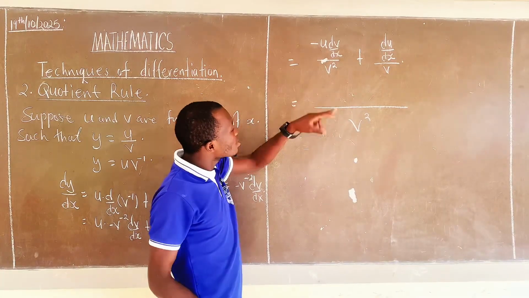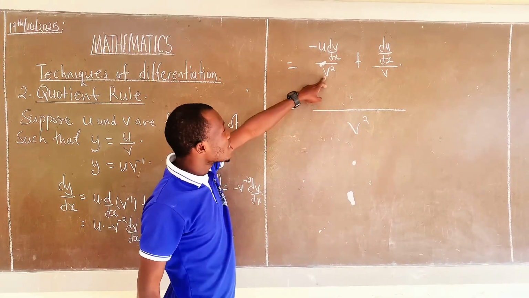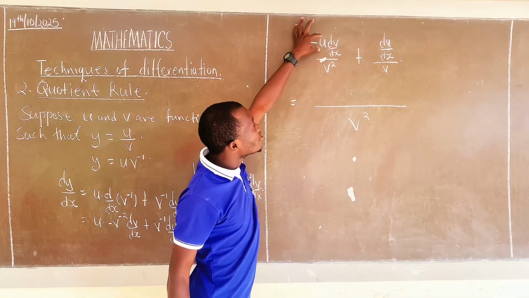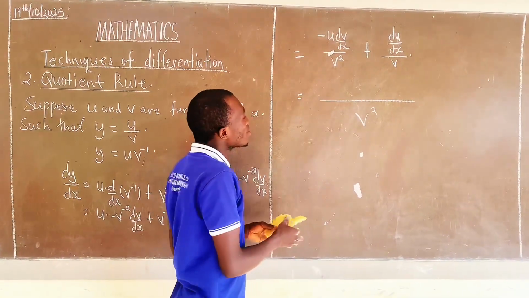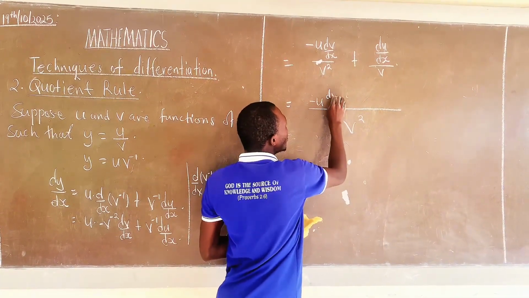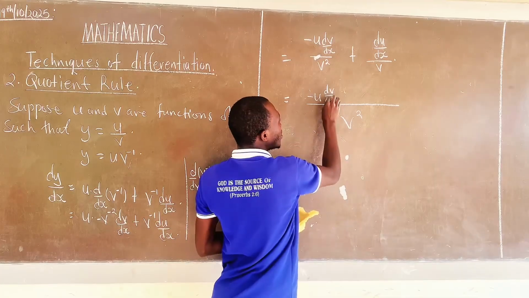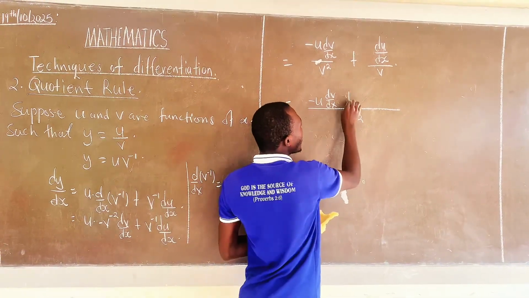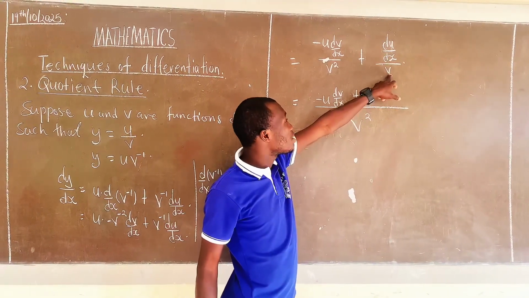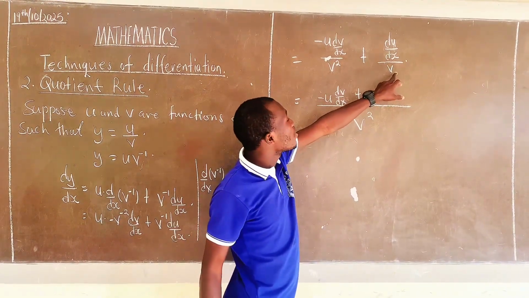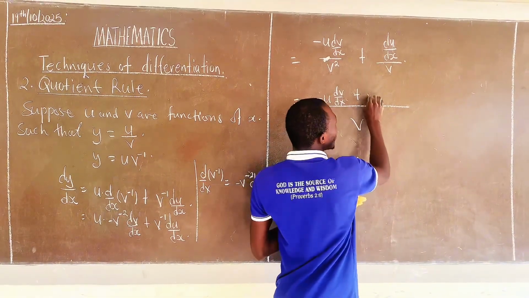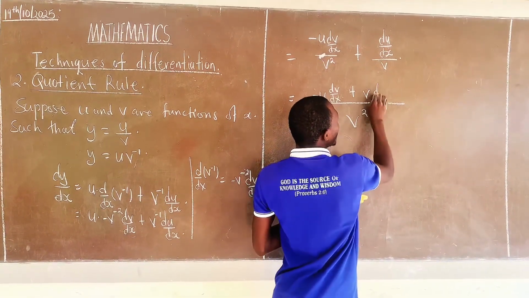So the whole of this, v squared divided by v squared is 1 times negative u dv dx will give us negative u dv dx. Then plus v squared divided by v, we shall have v. Then v times du dx will give us v du dx.